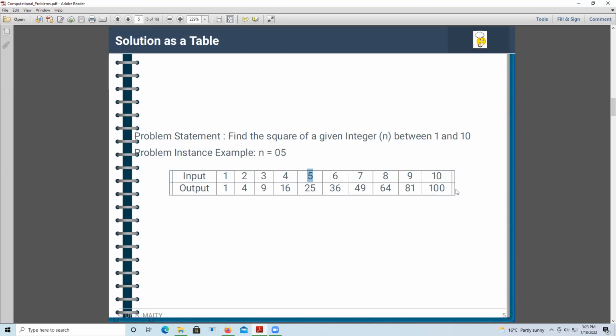If there is some output for which there is no input, then it is not an onto function. It is a function definitely, but not an onto function. If 101 or 102 is there and there is no input, then definitely this is a function, but not an onto function, because for every output there must be an input.